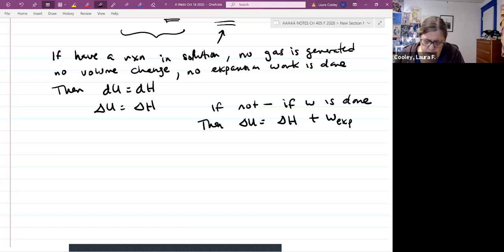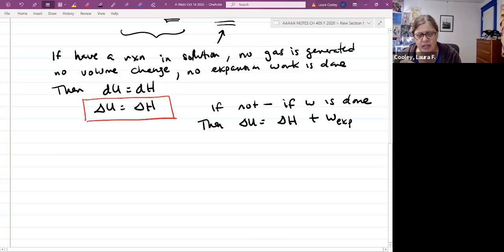So when you think about it, delta U equals delta H under these situations, if no work is done, the vast majority of the energy changes that are associated with reactions come from making and breaking covalent or ionic bonds, and in some cases, disturbing intermolecular forces or things like that.